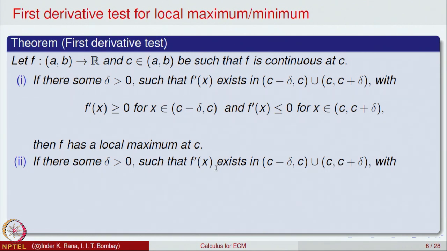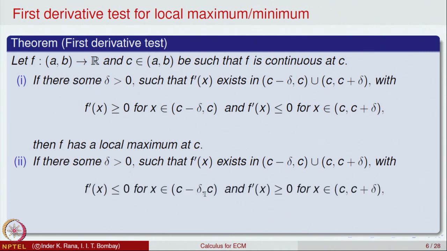So, the condition says that in a deleted neighborhood of the point C the derivative exists, and the derivative is less than or equal to 0 on the left and bigger than 0 on the right. So, that will imply from the derivative conditions that the function is decreasing on the left and increasing on the right.